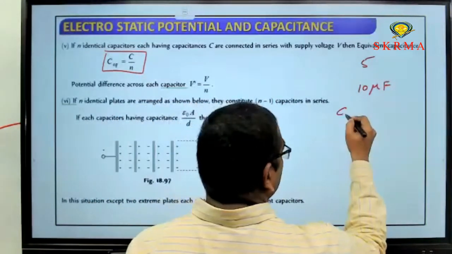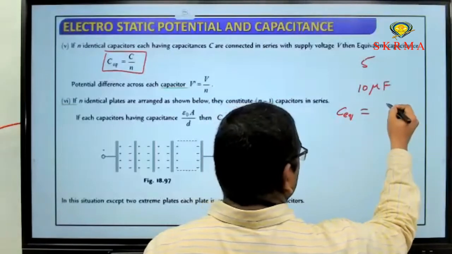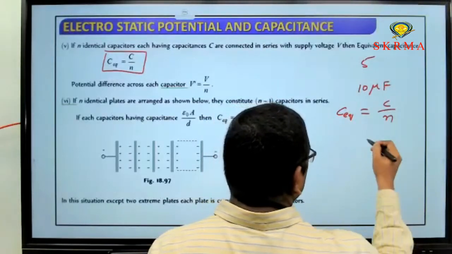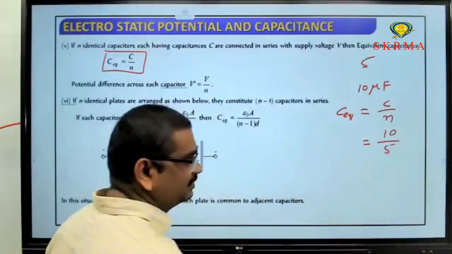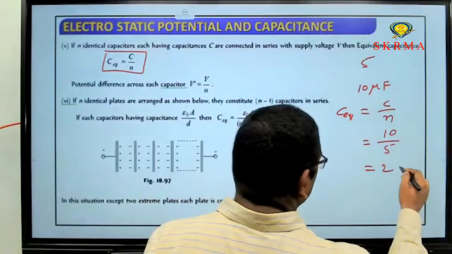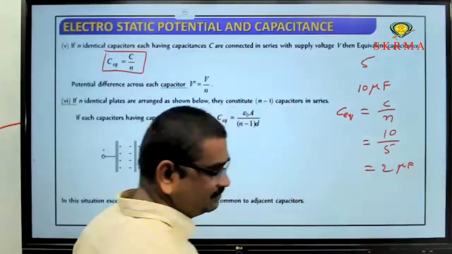What is the equivalent capacitance? It can be written as C by N. What is the value of C? 10. How many are there? 5. 10 by 5, this is equal to 2 microfarad. That is the answer.